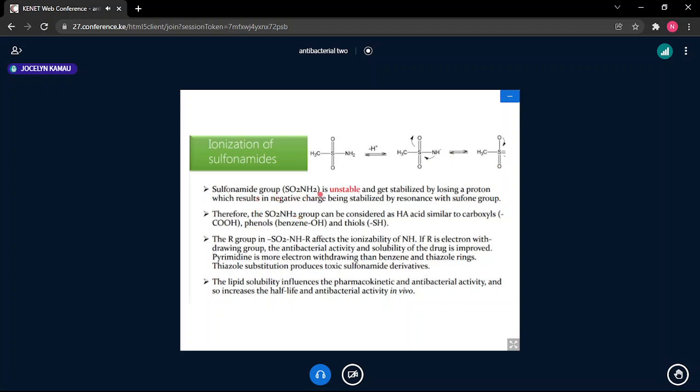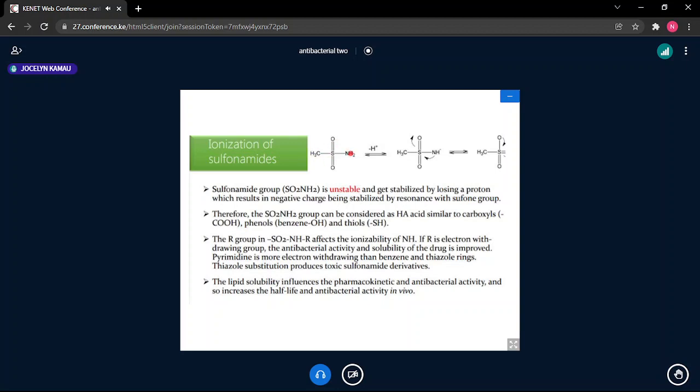The sulfonamide group SO2 is unstable and gets stabilized by losing a proton, which results in the negative charge being stabilized by resonance with the sulfone group. Therefore, the SO2NH group can be considered as a weak HA acid, similar to carboxyl and phenols, and so it's a weak HA acid.